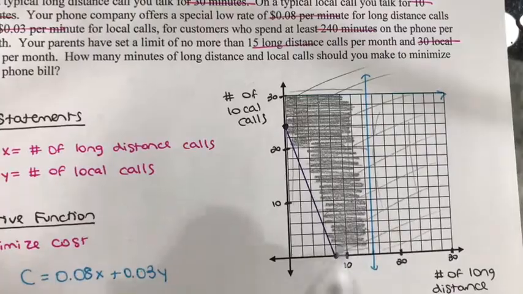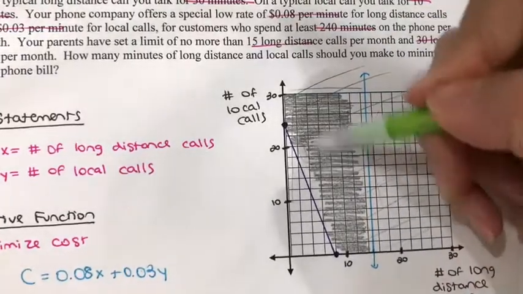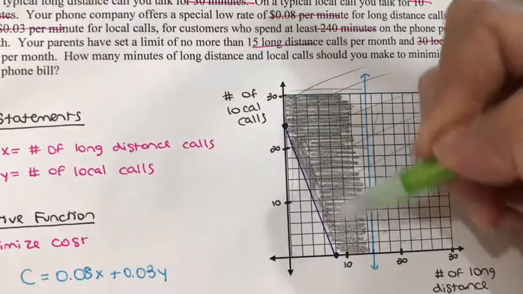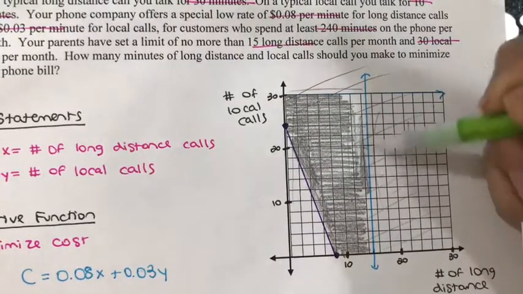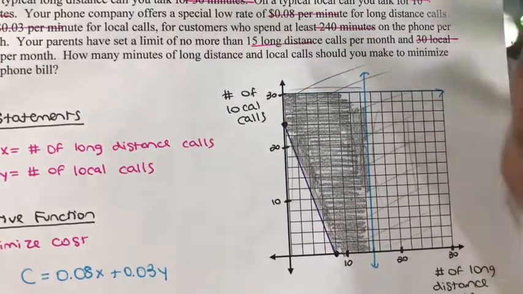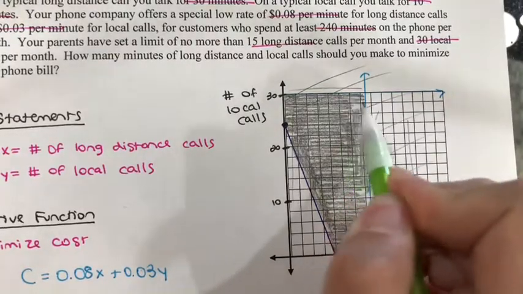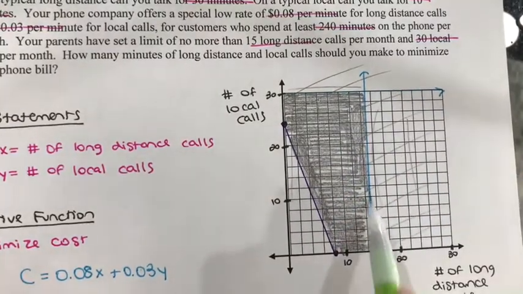In between the purple and the blue. I'm just going to shade a little bit darker so we can clearly see it. So it is this like 5-sided figure, kind of like a cut off rectangle almost.